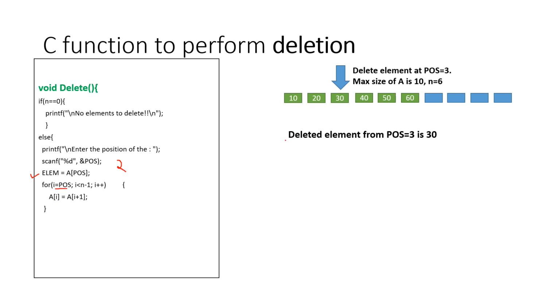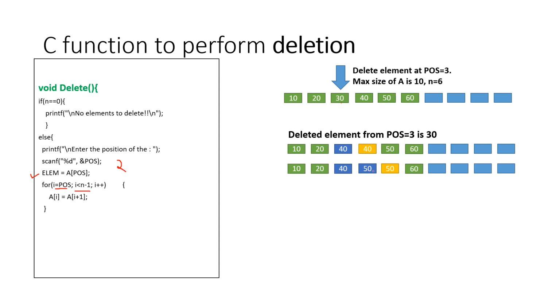You have to start from this position and repeat till you reach the last position. Now you can see the same thing in the animation. 40 is copied to the previous place; this is the duplicate copy. 50 is copied to the previous place; this is the duplicate copy. 60 is copied to the previous place; this is the duplicate copy.